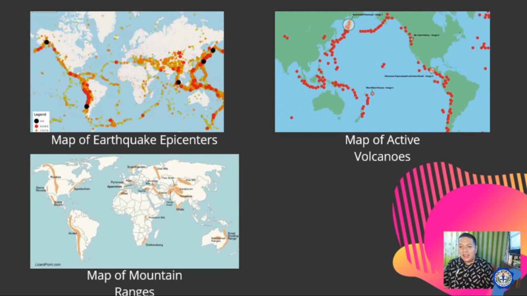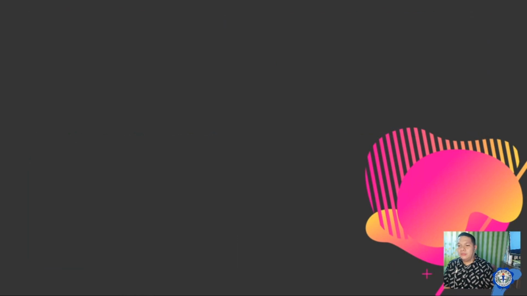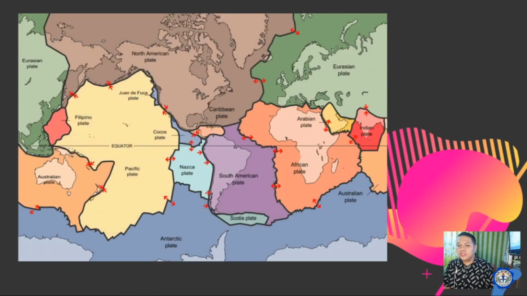And third, the map of mountain ranges. Take note of this observation, and we said last session that these 3 maps have been the evidence used by scientists to locate the tectonic plates or the major plates on our planet.